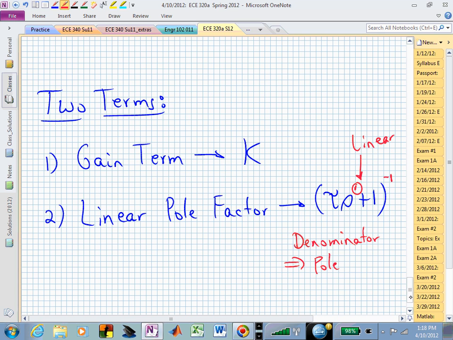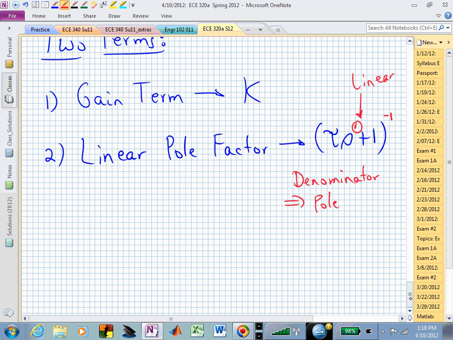And what we want to do now is for those 2 terms, or those 2 factors, we want to sketch their magnitude and phase contributions for all frequencies. And the reason why we sketch Bode plots is it gives us a magnitude in dB. And if we look at all of these terms in dB, we can simply add their contributions.